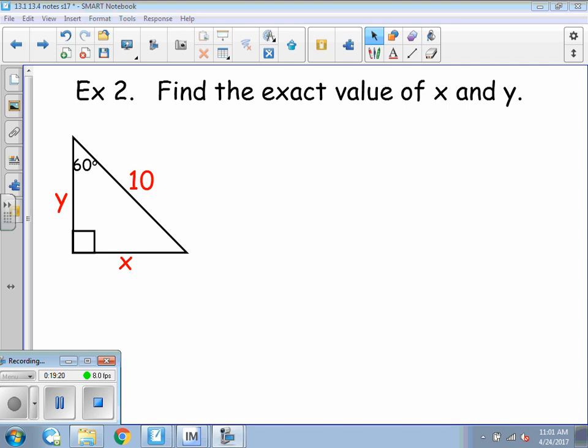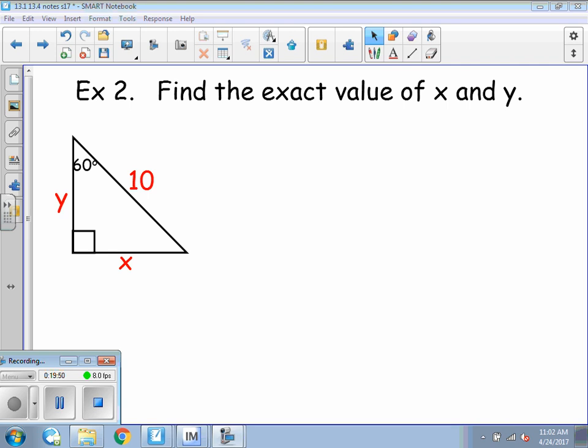We can't just put the ratio because we're missing 2 out of the 3 sides. So Pythagorean theorem is not going to help us until we know at least one of those other values. Right? Once we know either x or y, we can use Pythagorean theorem to find the other. Okay? But we have to use trig when we can't use Pythagorean theorem.